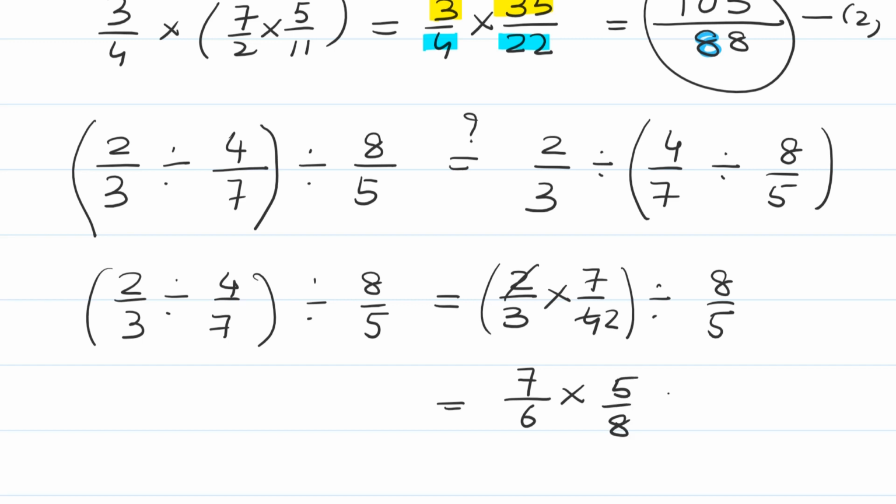To divide is to multiply by the reciprocal. The result is 35 by 48.